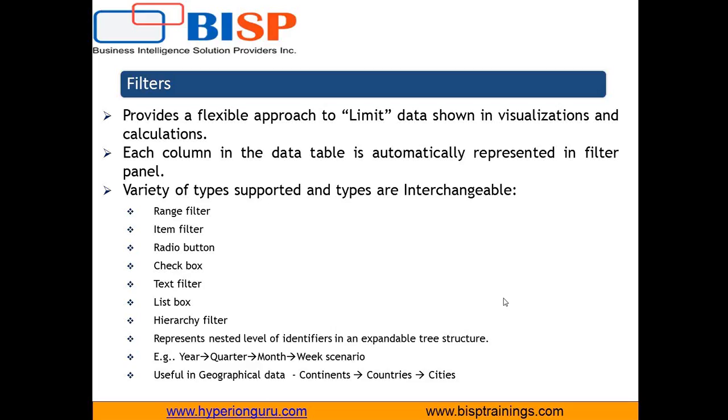Filters provide a flexible approach to limit data shown in visualizations and calculations. Each column in the data table is automatically represented in a filter panel. A variety of types are supported and types are interchangeable. Spotfire uses its own kind of intelligence and forms a filter for every kind of column, and it may not suit you, it may not be your favorite one, so you can always go ahead and configure it.